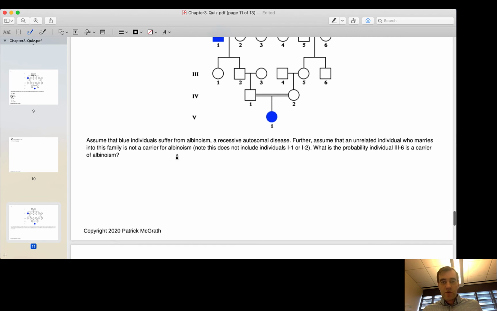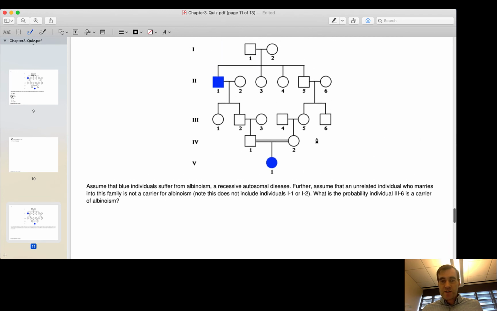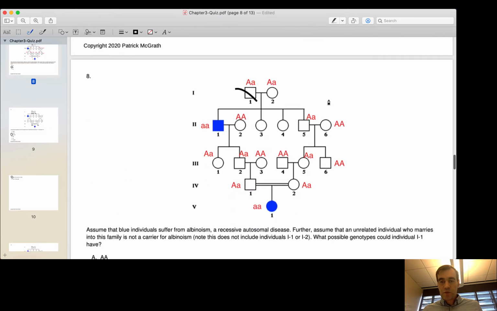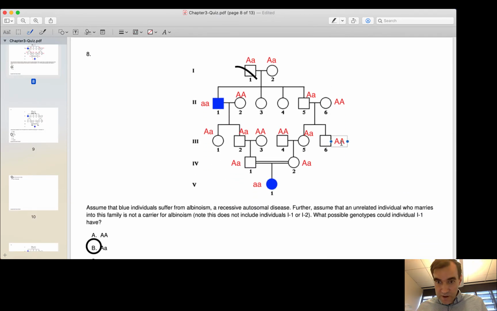Assume that blue individuals have albinism. What is the probability that 3-6 is a carrier? So we go back up. I'm sorry, this was not properly filled out. This individual did not marry in, so I actually accidentally filled this out earlier, looking at it as if this person married in, but this person is actually related to this individual right here.